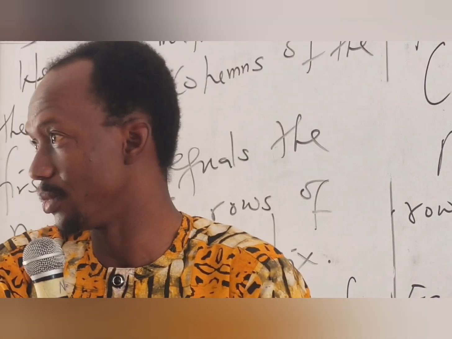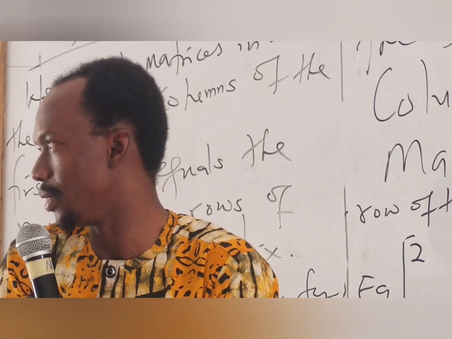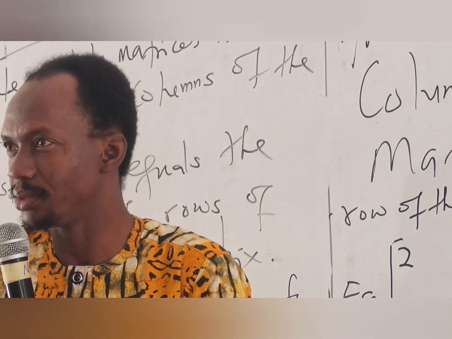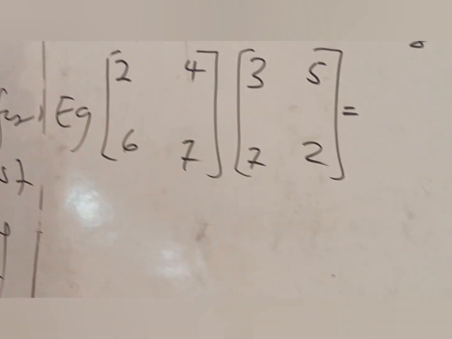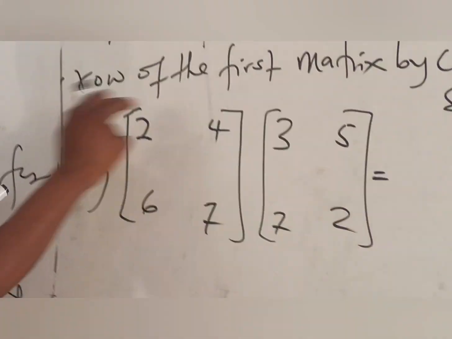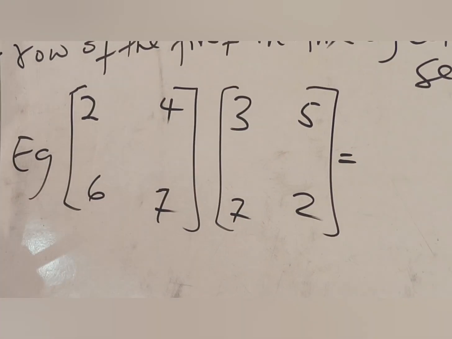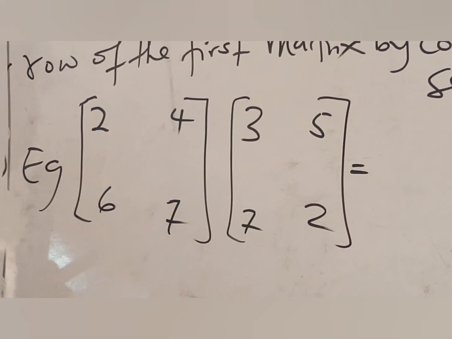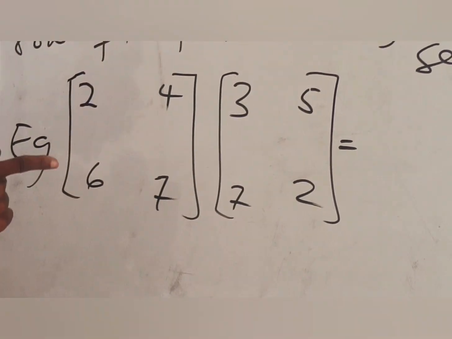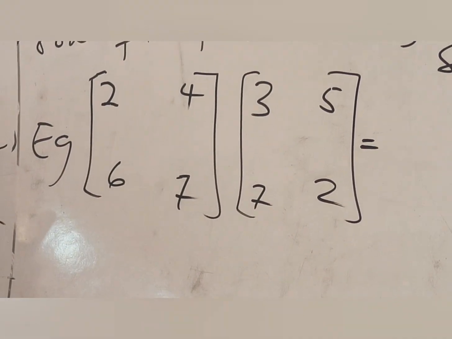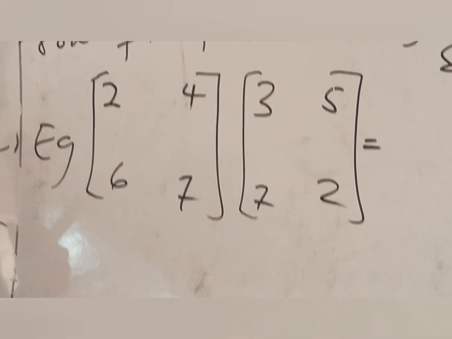So we are going to multiply this matrix by this matrix. Multiply every row of the first matrix by every column of the second matrix.